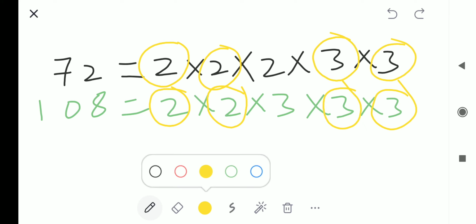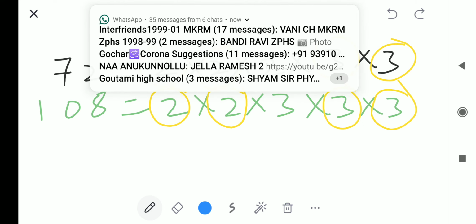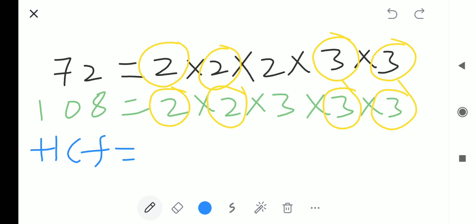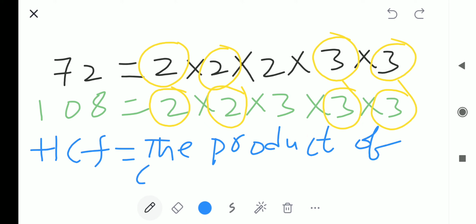Then if we want to find the HCF, the HCF is equal to the product of common factors.